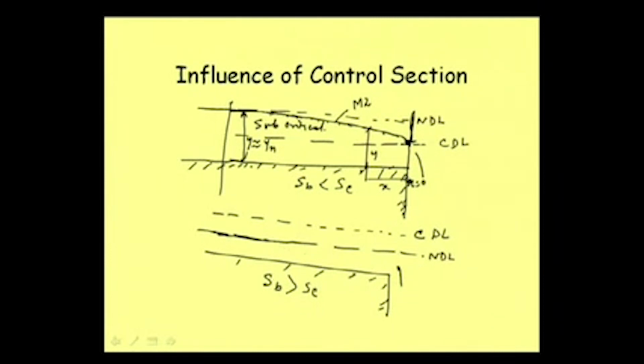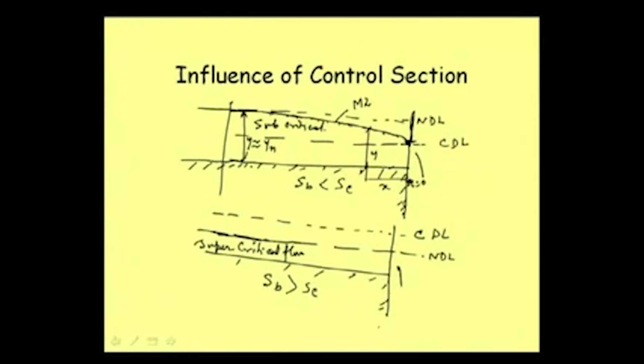Now as this is a supercritical flow, this flow will not be affected by the disturbance that is created at this section. So what will happen? The supercritical flow will be moving straight this way, and then it is coming up to this point, and then it is dropping like this.